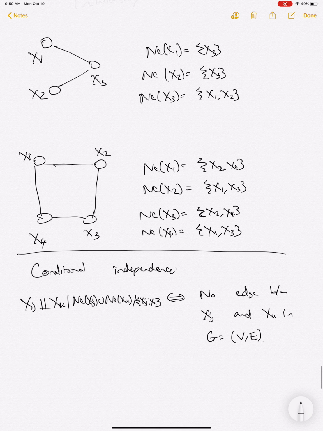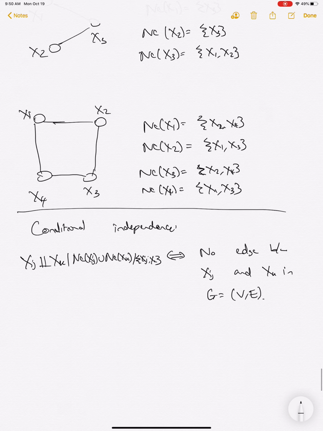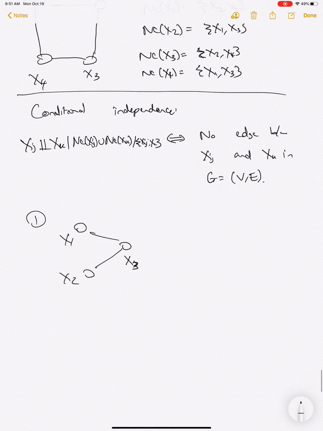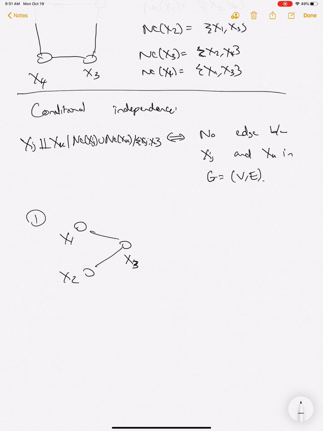Okay, so to finish this lecture, we're going to go through these two examples and see what they mean. So for example 1, we have x1, x2, x3. Clearly what this means is that x1 is independent of x2 if you condition on all its neighbors, and so that's x3.